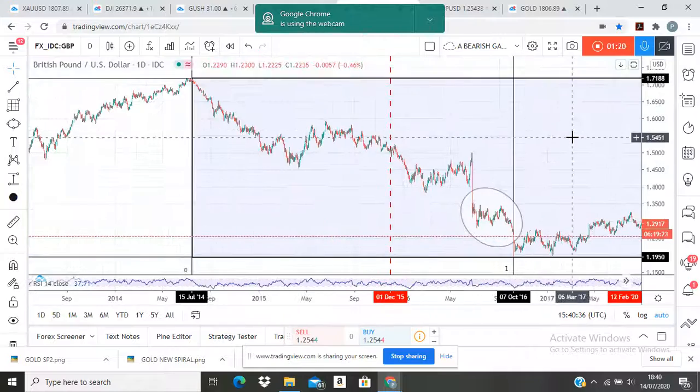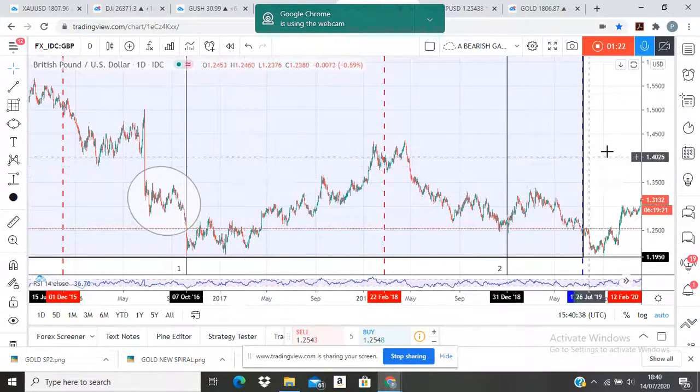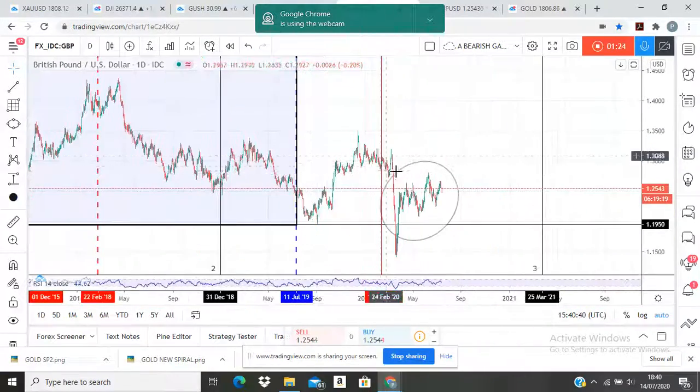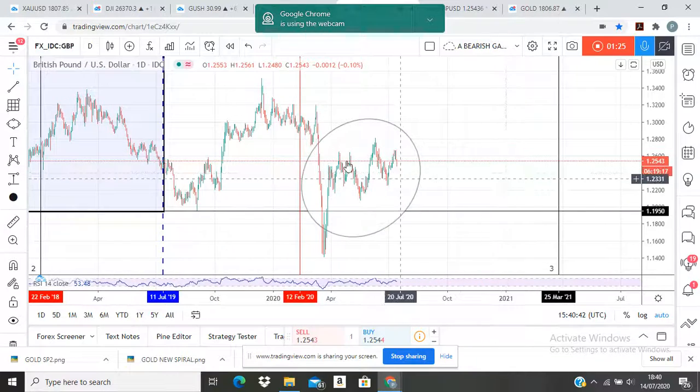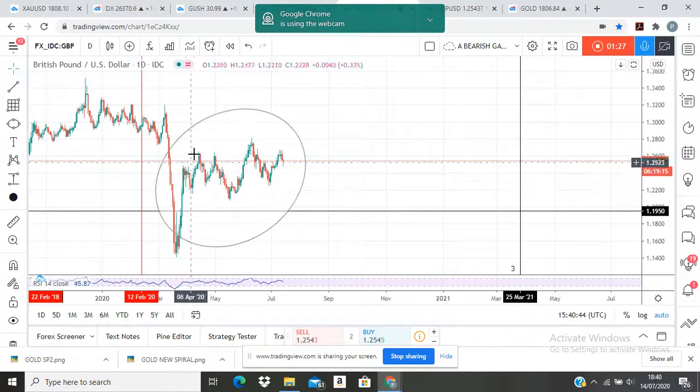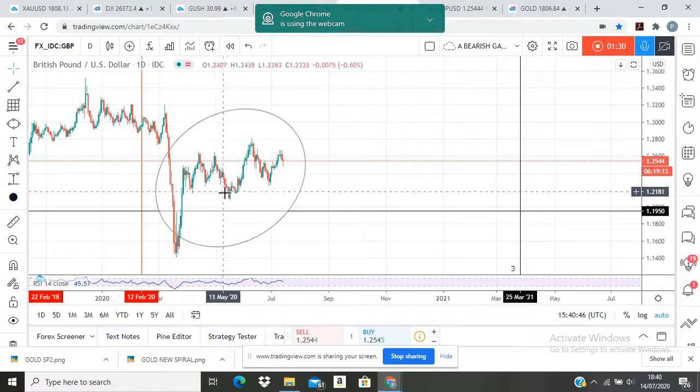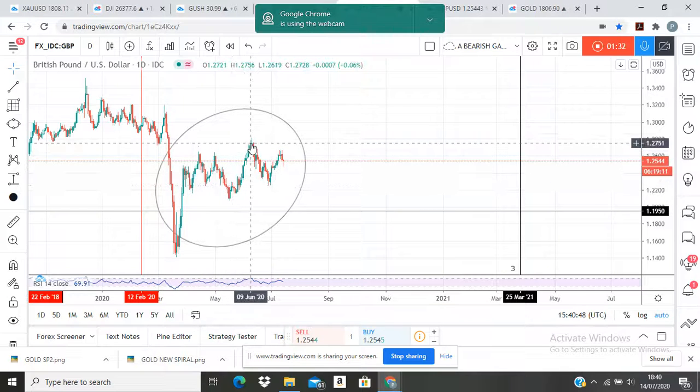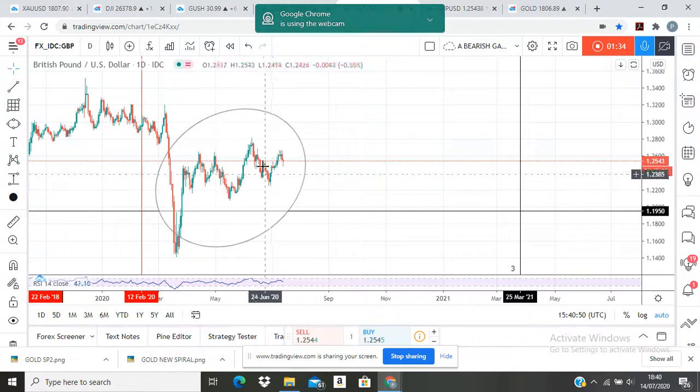If we check the other side, we see the same thing occurred there. So here also we have this M first, then this advance before the decline.